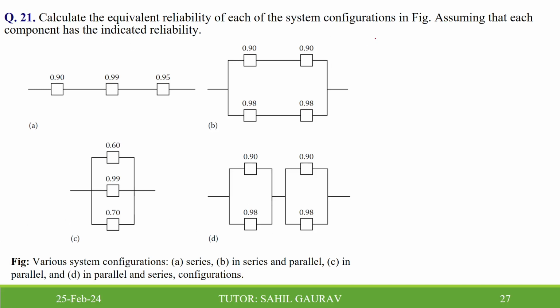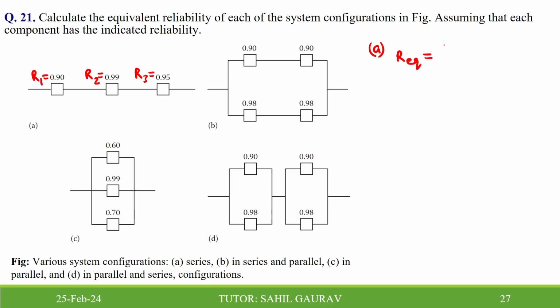So I am going to find it for the first one. Let us take R1, R2. R1 is given as 0.9, R2 is given as 0.99, R3 is given as 0.95. For the first, we know that you have to just multiply all the reliability values.